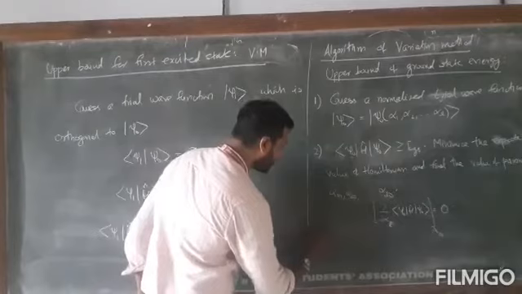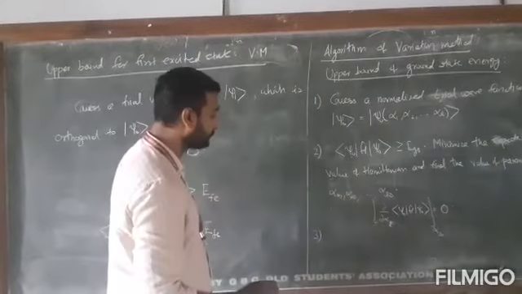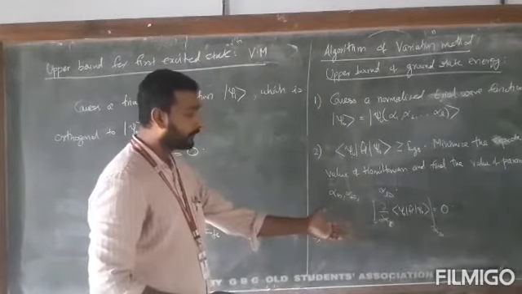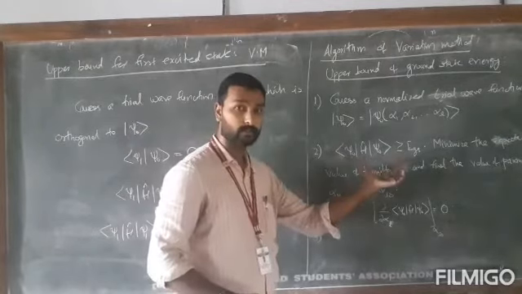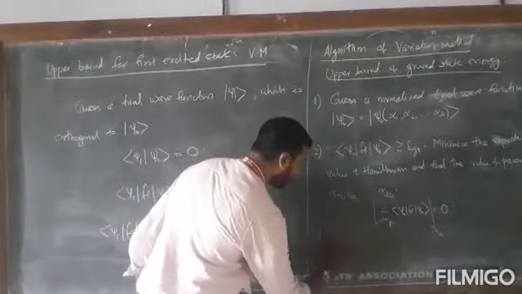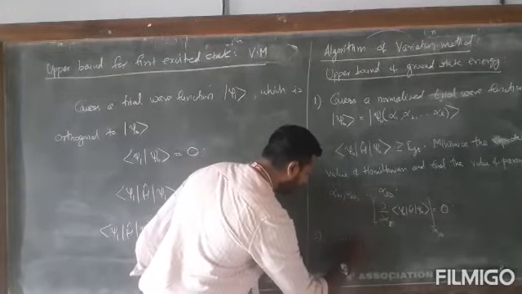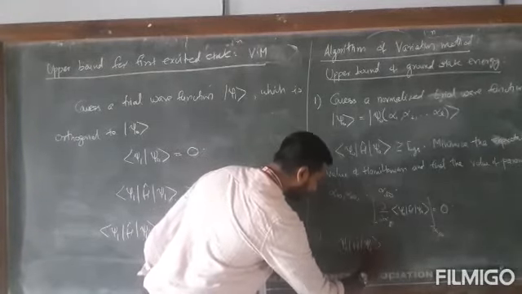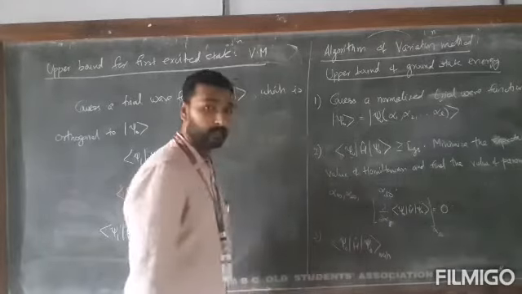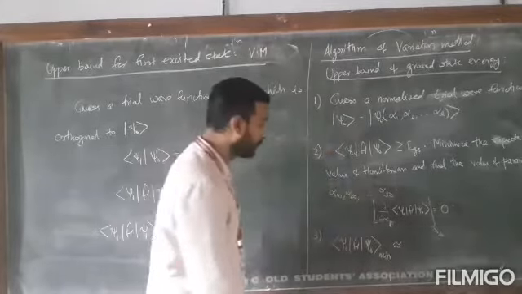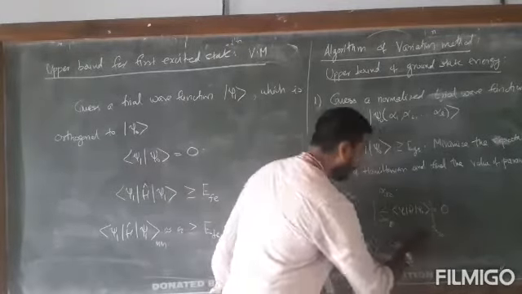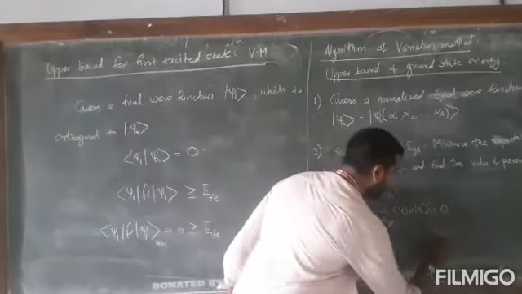Now the third step. From that we can find the lower limit of this expectation value. Then the fourth step: this minimum of psi 0, H, psi 0 would either be approximately equal to or slightly greater than the ground state energy.